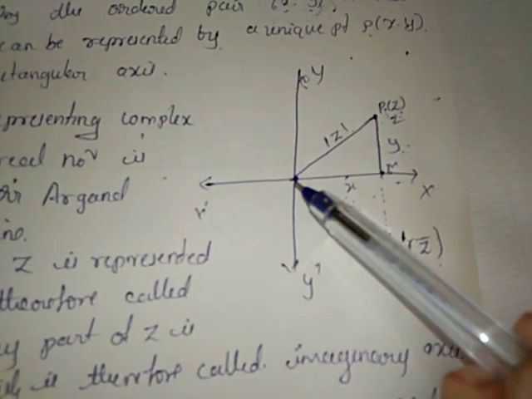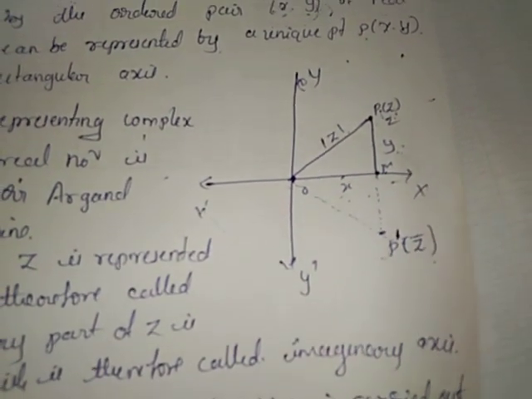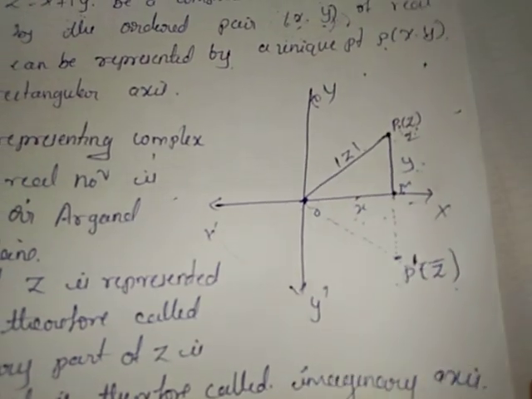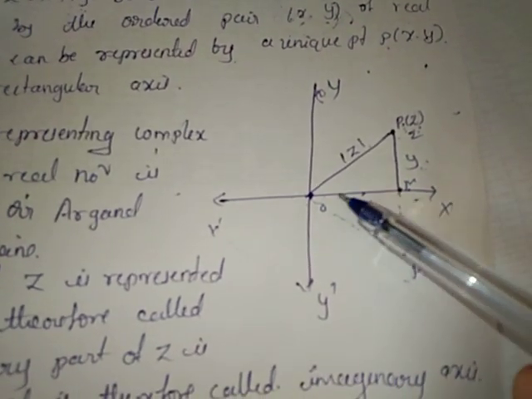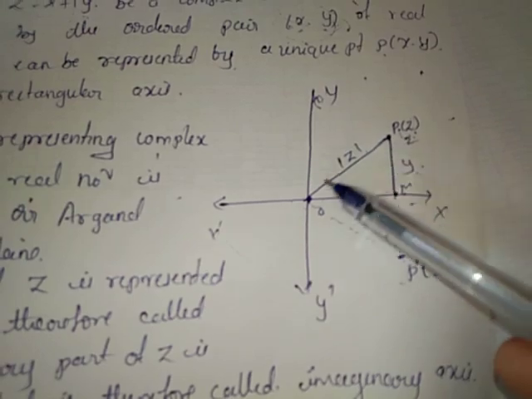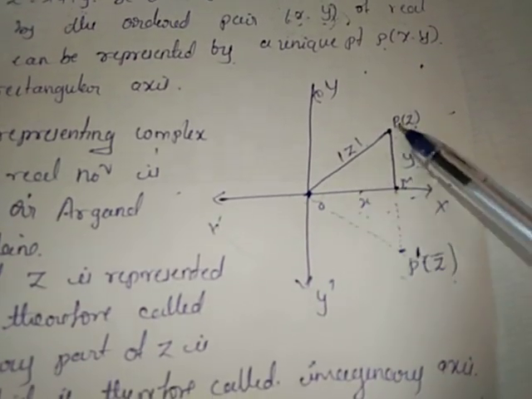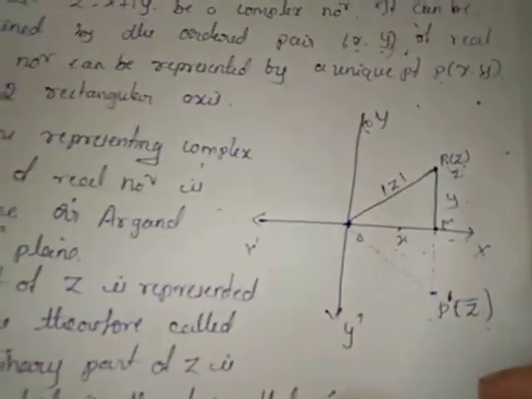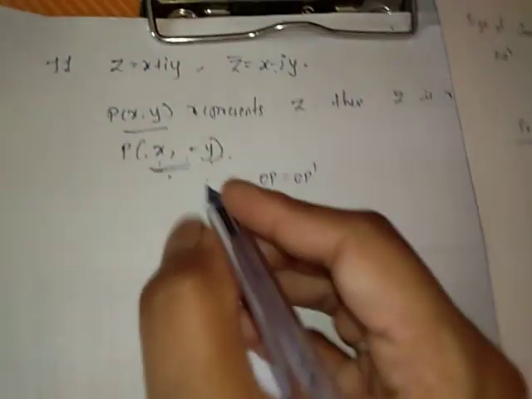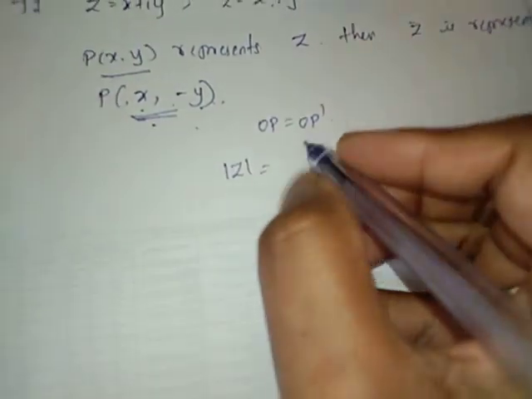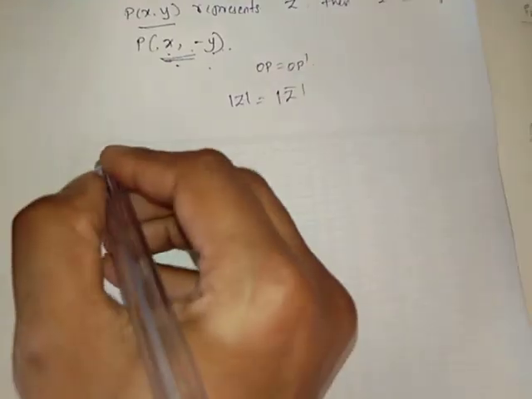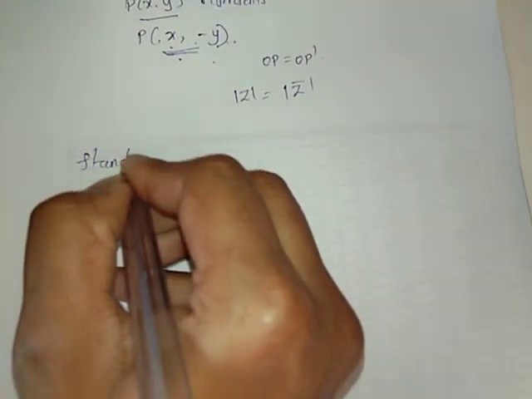OP equal to OP dash because this is an image of this triangle. Therefore OP equal to OP dash. If OP equal to OP dash, it means mod of z equal to mod of the conjugate of z, both are nothing but the same. Now we are moving to the standard form of a complex number.